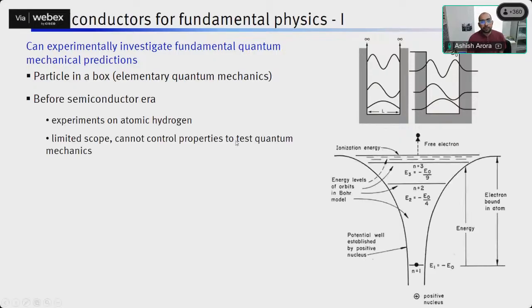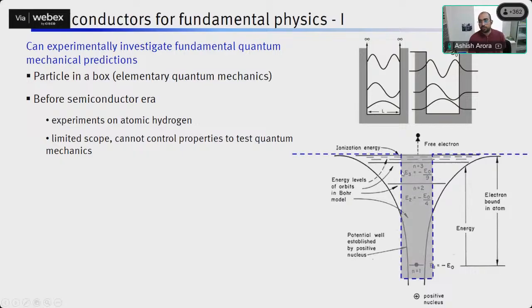Before this semiconductor era, when people were not able to create these quantum wells, what people were doing was that they would check some atom. For example, this is the 1/r potential of an atom, and there would be these quantized states, and they would calculate these quantized states and approximate this with the well.